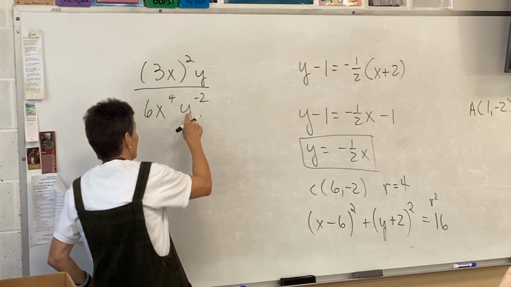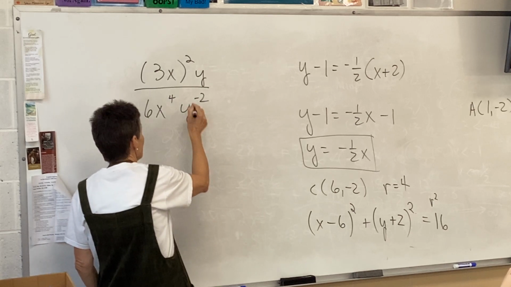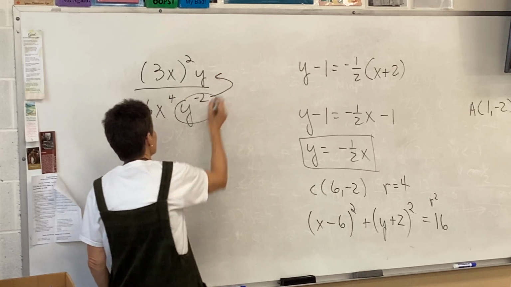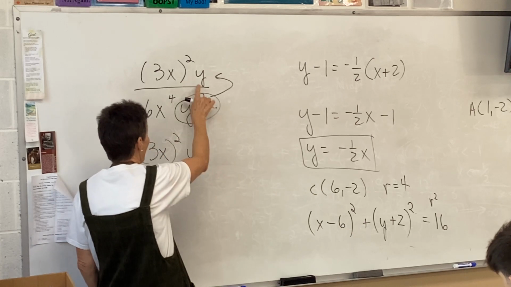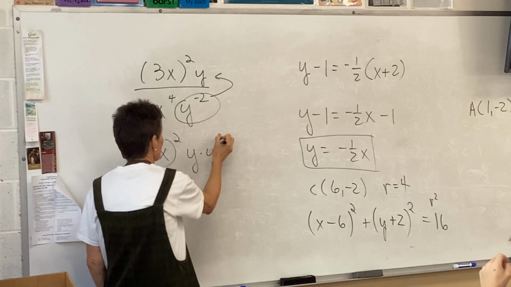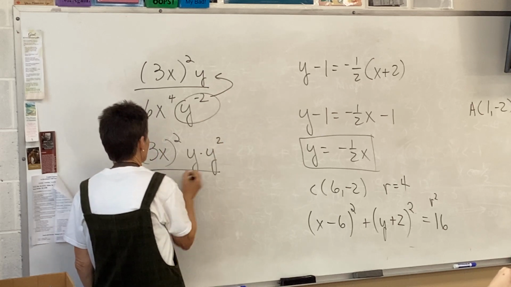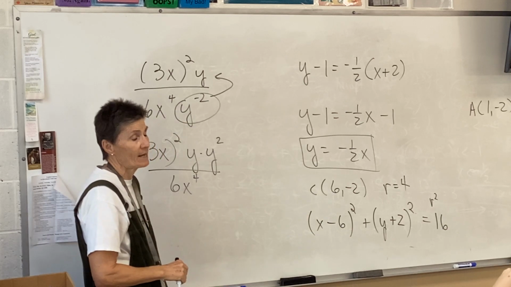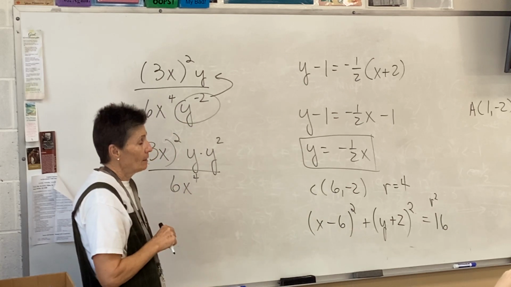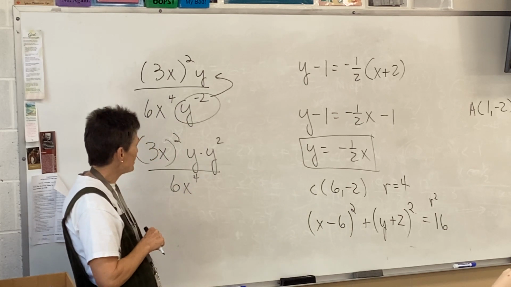Okay, so Daryl says, I don't like this guy down here, so I'm going to take him to the top. So now I have this. I already have a y. Now I have an additional y squared because he went up to the top. Okay, perfect. Don't like negatives, get rid of the negatives.